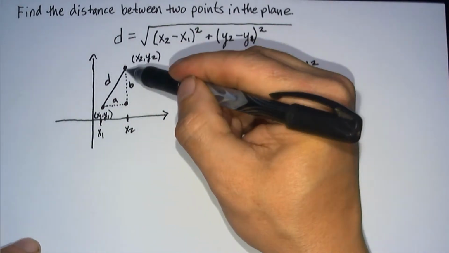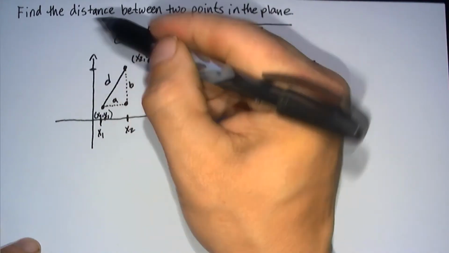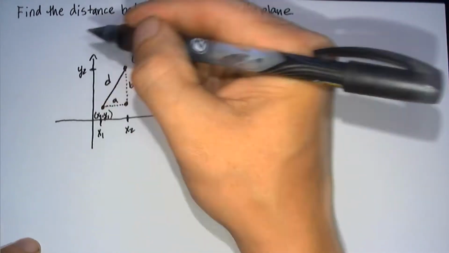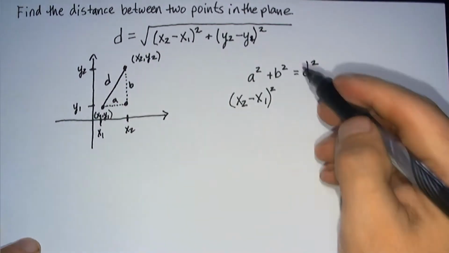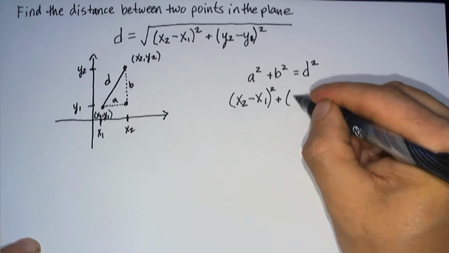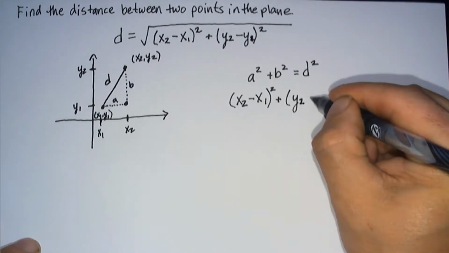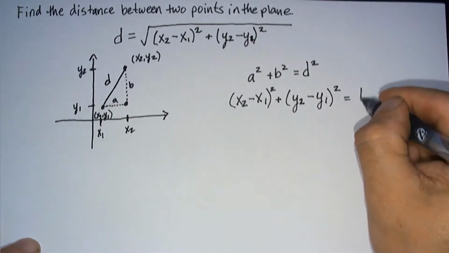And similarly, b is that coordinate y2, and this is y1. So b is y2 minus y1, and that equals d squared.